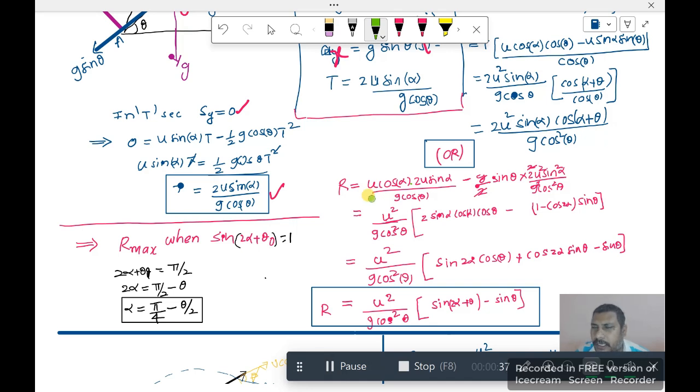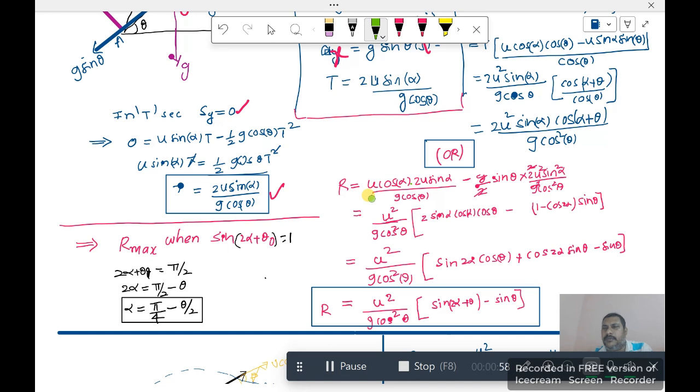Sin square alpha I can write as 1 minus cos 2 alpha, because to write this formula I am using this: sin square alpha I am changing into 1 minus cos 2 alpha. You know cos 2 alpha is equal to cos square alpha minus sin square alpha. Therefore 1 minus cos 2 alpha is equal to 2 sin square alpha.